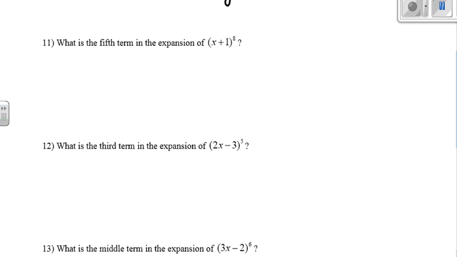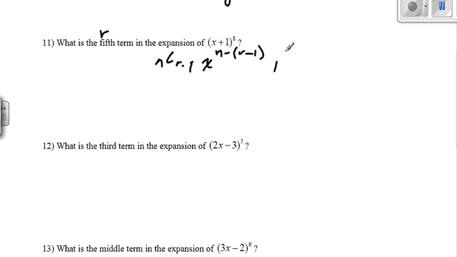Alright, fifth term. So in this one we're going to use the formula that I gave you. This is going to be n, c, r minus 1, x to the n minus r minus 1 times 1 to the difference between those two.